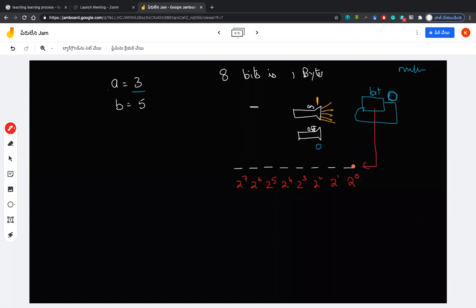And this device is either emitting some electricity or not emitting. If it is emitting some volts of electricity, I think you all know in physics, you might have studied about volts, right? Some volts of electricity it is emitting, then it is turned as 1. If it is not emitting anything and it is blank, it is not working actually now. So at present it is turned as 0.